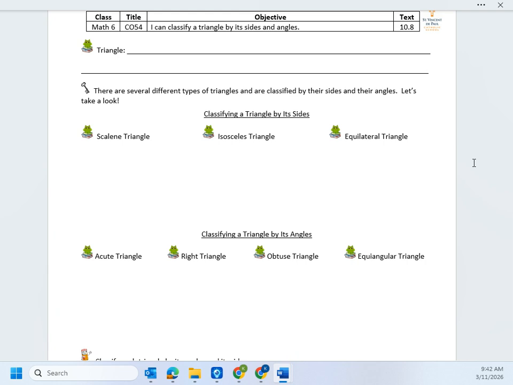So first we need to define what a triangle is. A triangle is a polygon with three sides and angles.